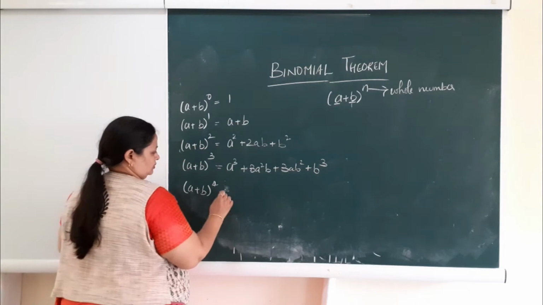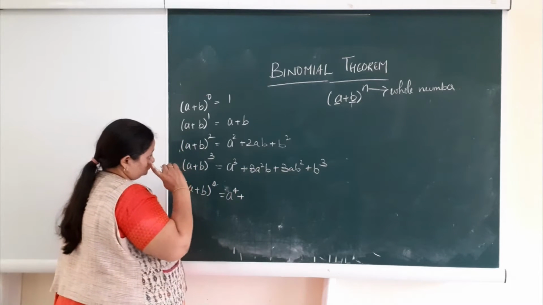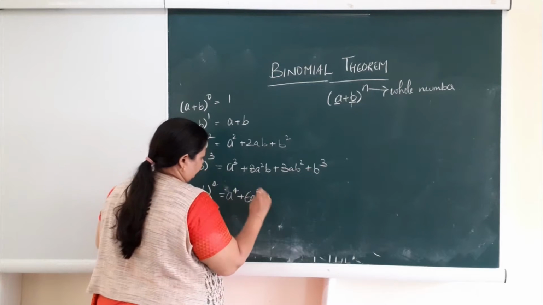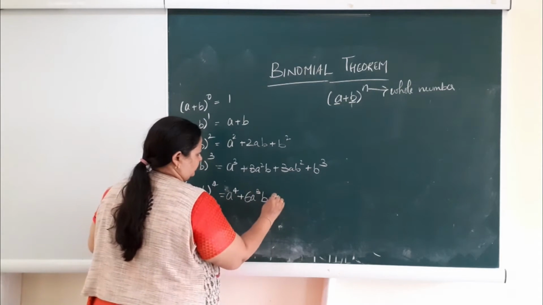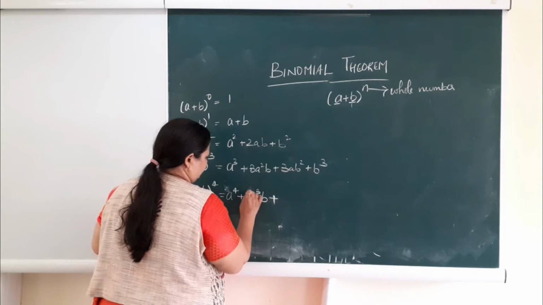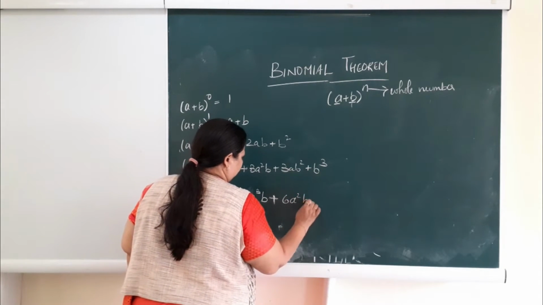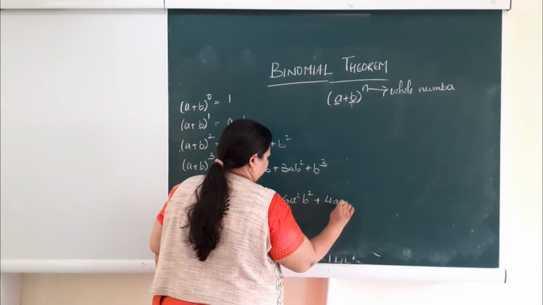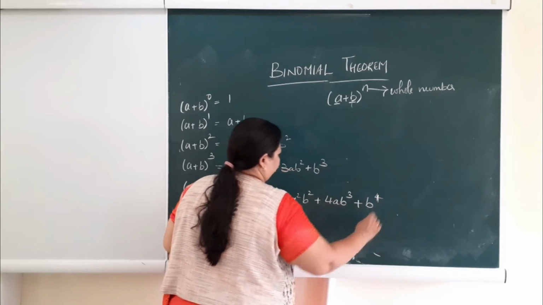This is a^4 + 4a cube b + 6a square b square + 4ab cube, and then I'll get b^4.